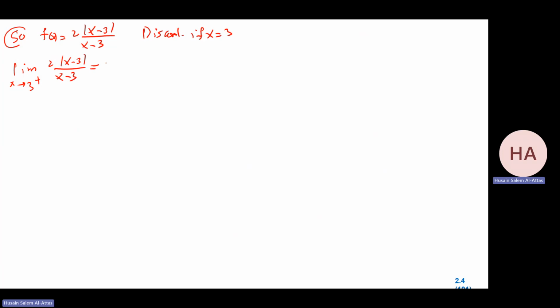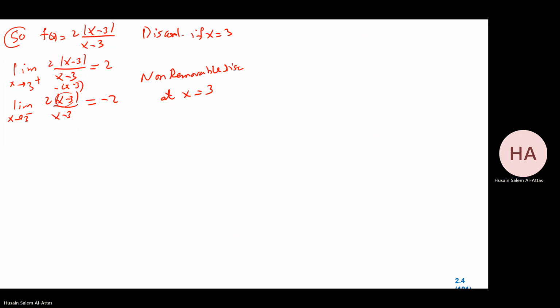That will be positive, so I'm getting 2. That will be negative, so I'm getting minus x minus 3, so I'm getting minus 2. So I have non-removable discontinuity at x equals 3. And the limit does not exist. We have jump, actually, jump discontinuity.